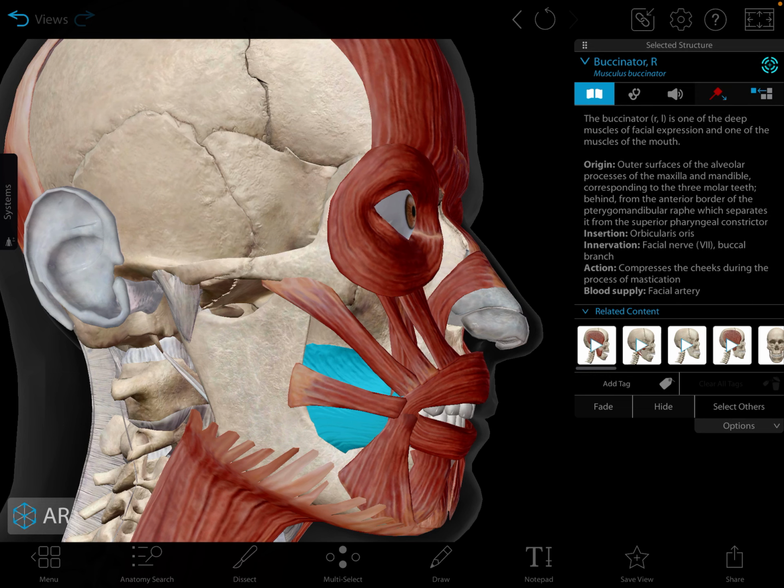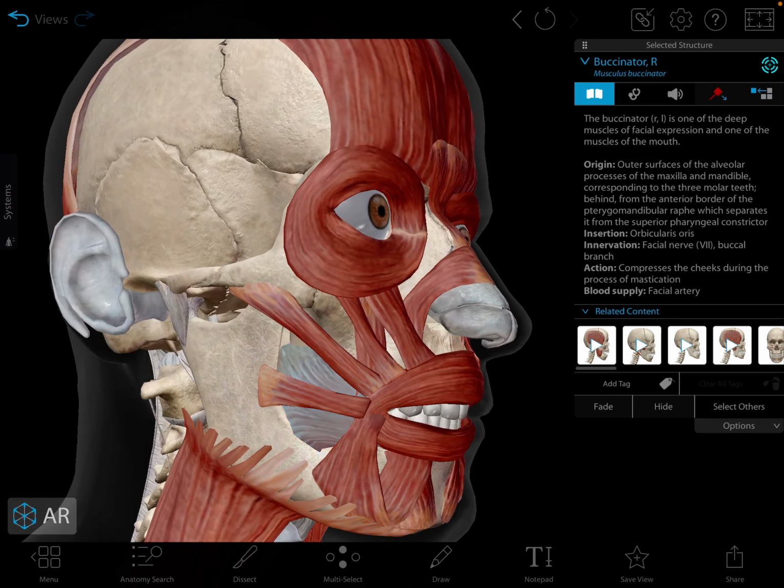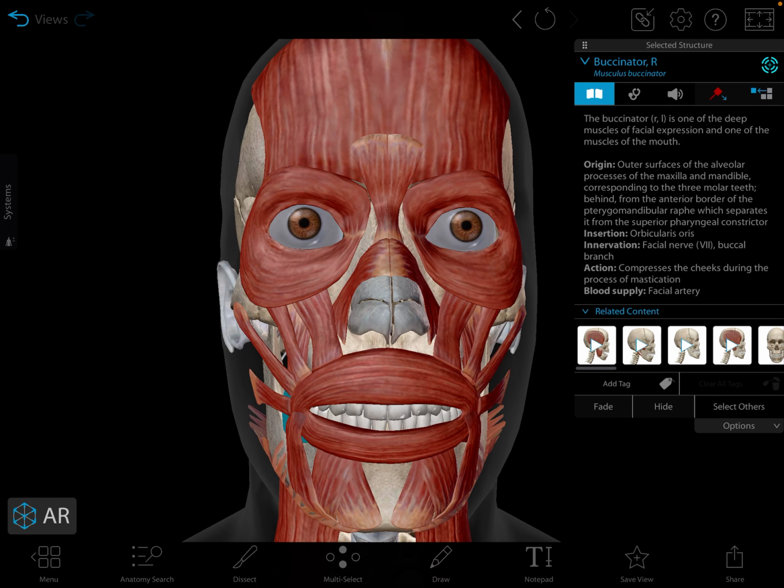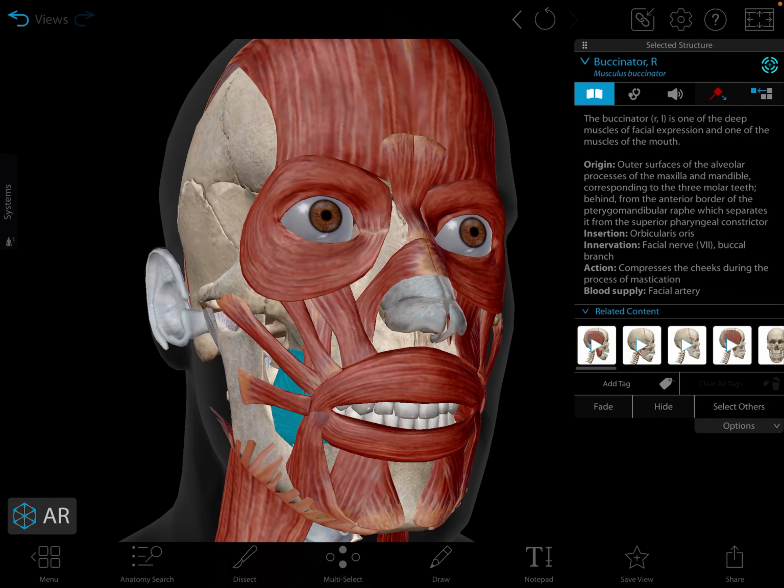But this Buccinator muscle is acting to compress that mouth as we're chewing. If you think of when you're whistling, this muscle is also going to be contracting. If you were playing an instrument and blowing into a trumpet or a horn, and you have to compress your mouth to force that air outward, this Buccinator muscle is largely responsible for that, okay?